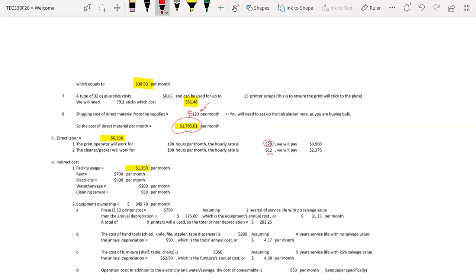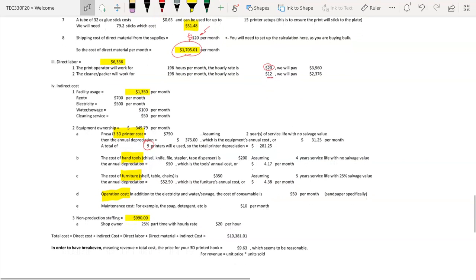Remember, it's 9 of them. 3D printers, hand tools, furniture, and also operation cost. Non-production staffing: I only have a shop owner working 25% part-time. I give myself $20 per hour, so that's the dollar amount.